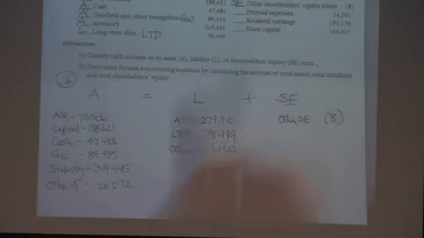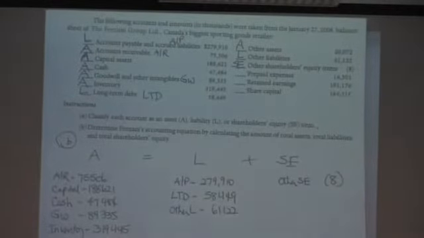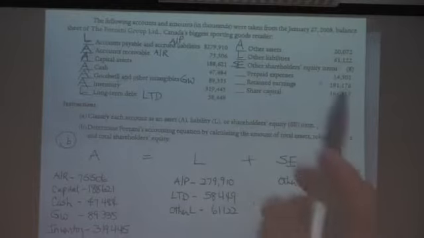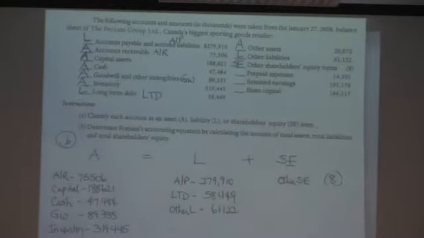Next is prepaid expenses. So the word expense should be a trigger to say, well, if it's an expense, it's something the company has already consumed. So for example, rent, insurance, wages, those are examples of expense. But the word prepaid in front of it signifies that the company has paid in advance for those services.